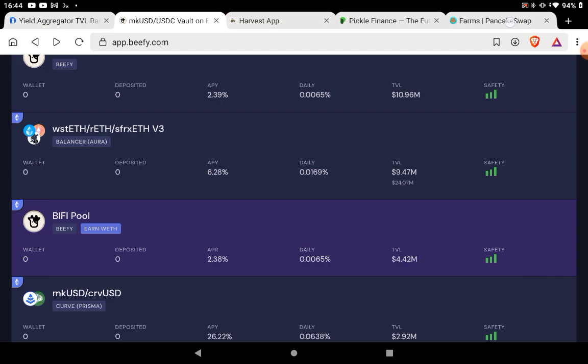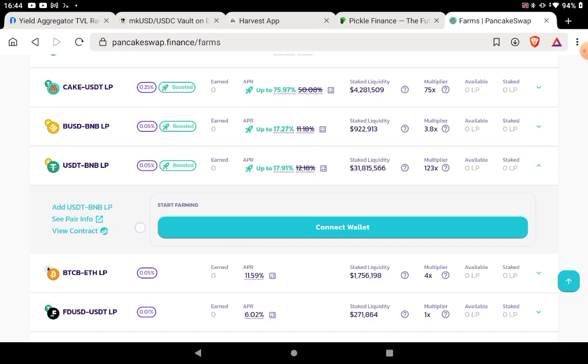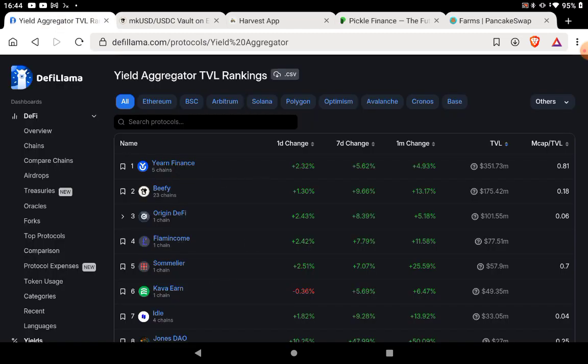At the same time, if you're going here manually, you will be subjected to the risk of PancakeSwap suffering some malicious attack and funds being drained. Okay, so that's a layer of risk. Now, if you're using any aggregator here, it's an added layer of risk on top of that already mentioned, because these protocols, any of these, can also be attacked by anyone with malicious intent that can just take funds from it.